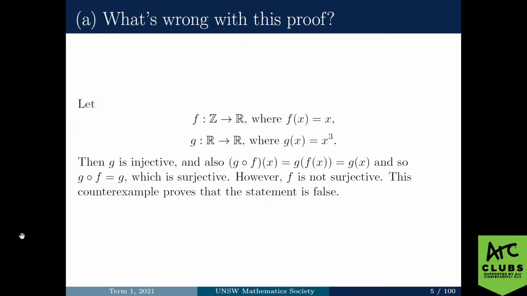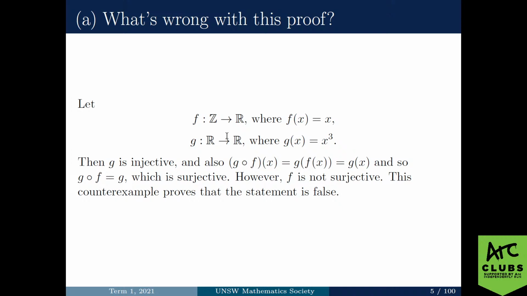So apparently there are some incorrect parts with this proof, but let's have a read first. It says, let f be a function from the integers to the real numbers where f(x) equals x, and let g be a function from the real numbers to the real numbers where g(x) equals x cubed. Then g is injective, and also g composed with f of x equals g(f(x)) equals g(x), and so g composed with f equals g, which is surjective.